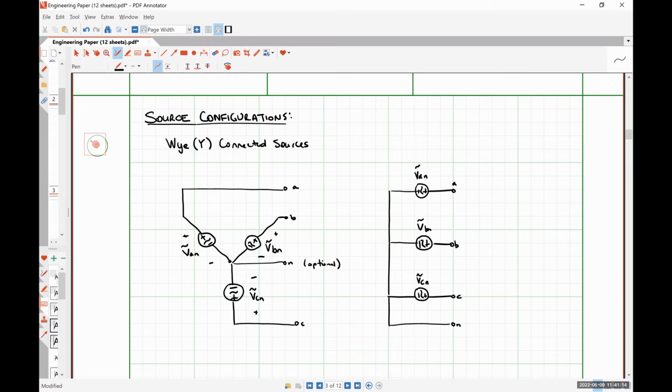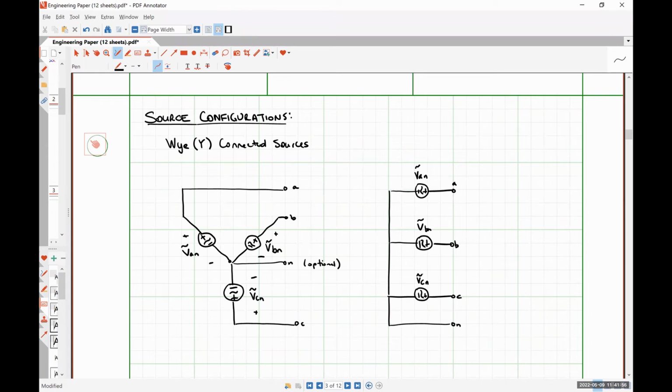So VAN is the difference between terminal A and terminal N. It's representing the exact same information as the drawing on the left, but to me it's a little more simplified, and definitely easier for me to draw. You can use whichever one you want when representing your circuits, it's fine by me. Just know that I'm consistently going to use the one on the right.